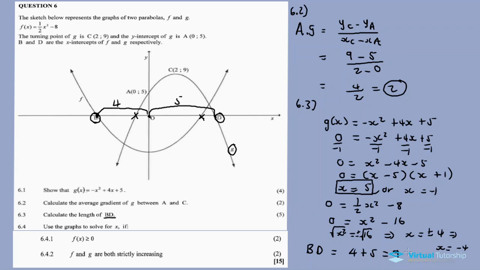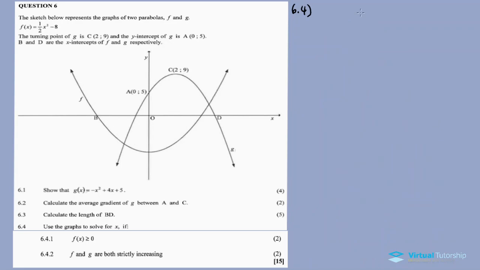6.4, use the graphs to solve for x if f of x is greater than or equal to 0. So now f of x, this concave up function, is greater than 0. Okay, I'm going to erase here so that we can answer 6.4.